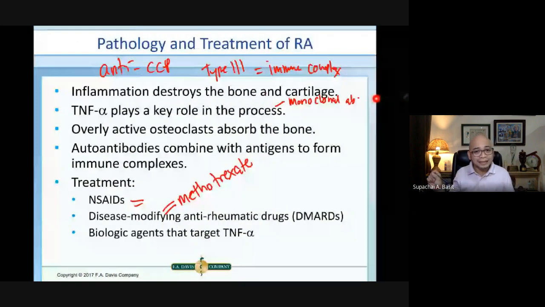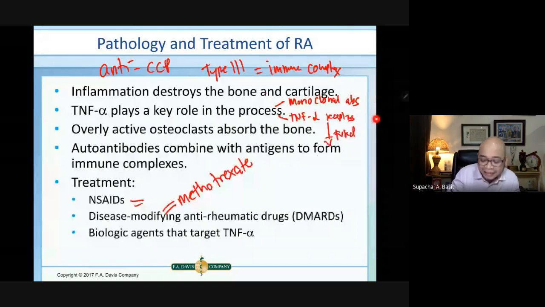Monoclonal antibodies can destroy our alpha tumor necrosis factor. And the second one is the receptors for alpha tumor necrosis factor. These particular receptors will fuse with an IgG molecule, which binds to stimulating alpha tumor necrosis factor.